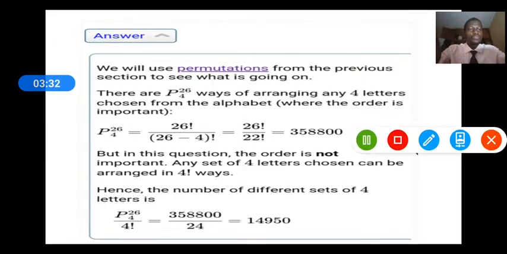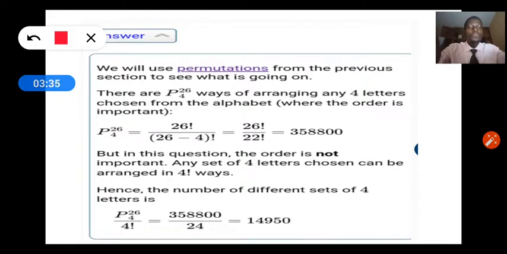The answer to this question is very simple, and we're going to be very fast. I want us to pay rapt attention. If we use permutation first, from the section we did previously, there are P(26,4) ways of arranging any 4 letters.